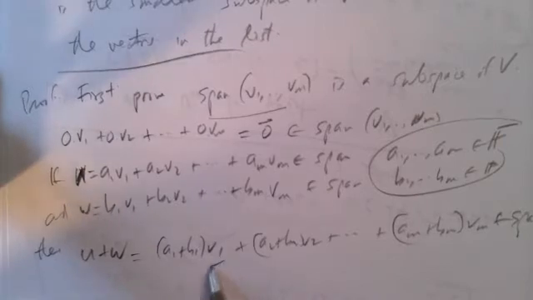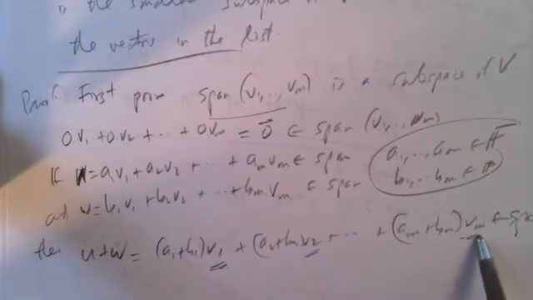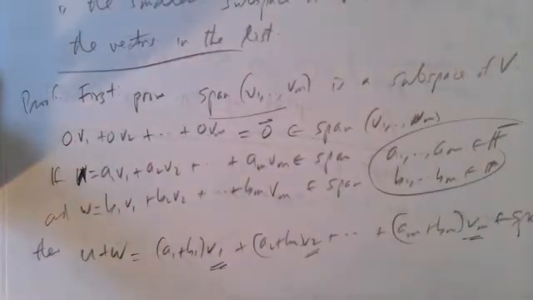This is again a linear combination of the vectors in the list.